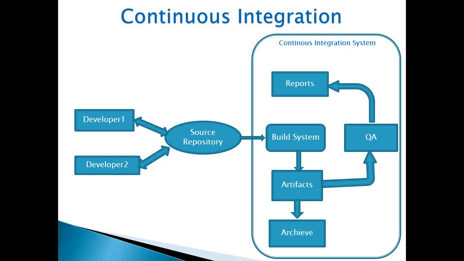If any archive configuration is configured, it will archive the generated artifacts and send them to QA. The QA team will test the artifact and publish the reports. This is how a continuous integration system works.